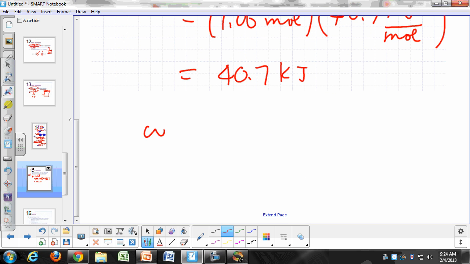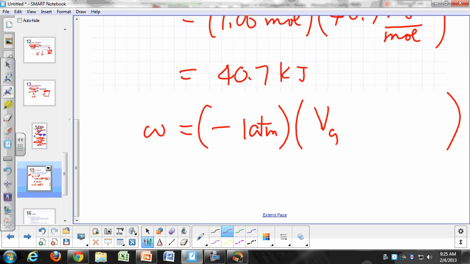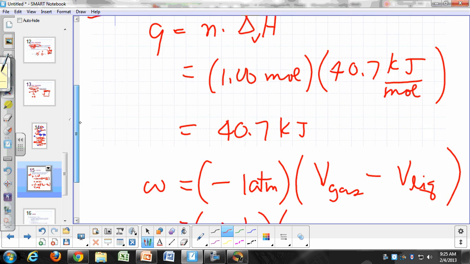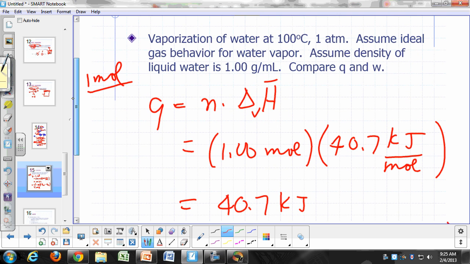What's our W? Minus 1 atmosphere times delta V, which is going to be the volume of the gas minus the volume of the liquid, right? What's the volume of our gas at 100 degrees, 1 atmosphere?